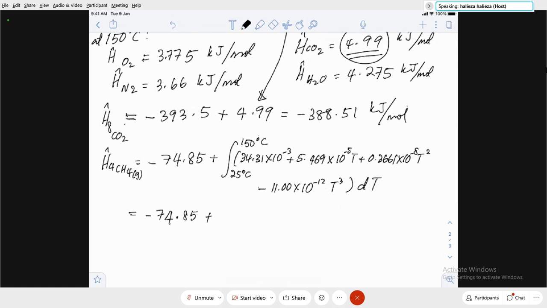Is it 4.9 kilojoules per mole? Because from your textbook, the answer is 4.90. Is it 4.90? Somebody check. Do your integration using your calculator. It's a very straightforward calculation.